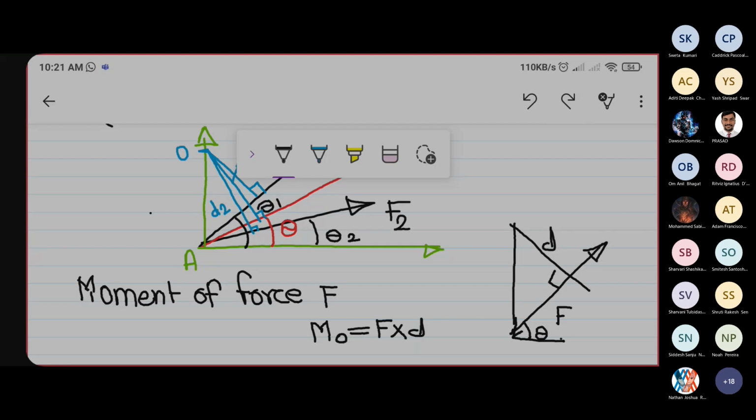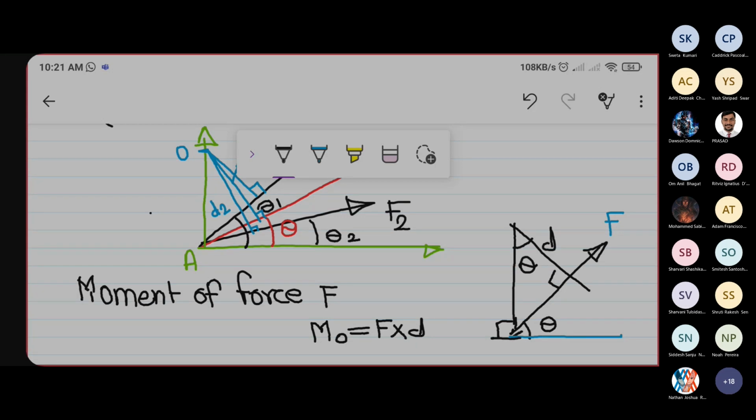What I will do later, I will draw with another color. The angle between this force F and this line is theta, as we already mentioned. Now these two lines are perpendicular to the other two lines, so automatically this angle will also be theta.